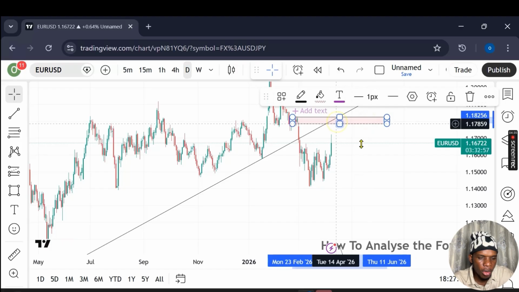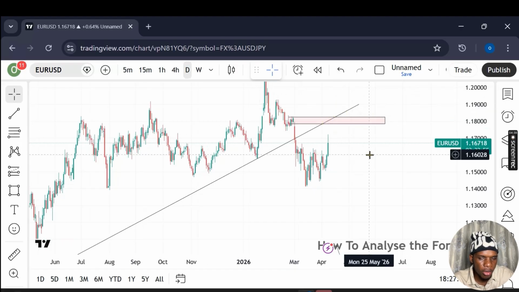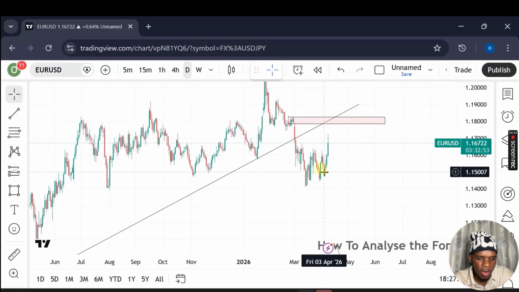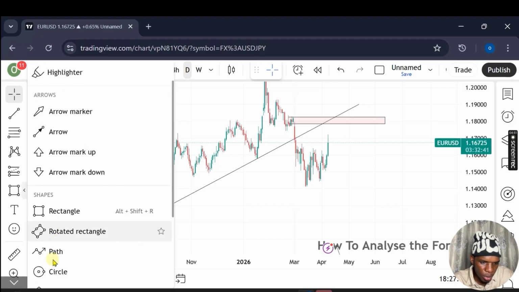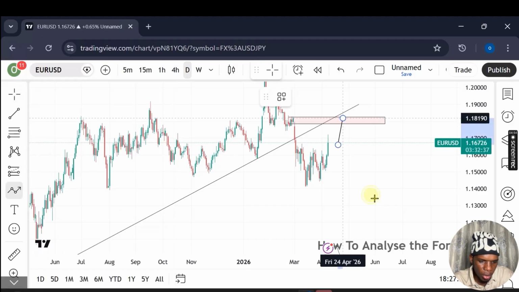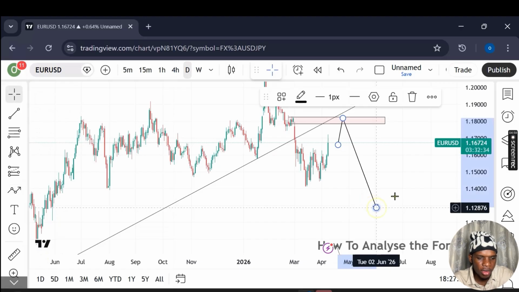So this daily time frame is telling me that the market is going to be retracing back to this particular high before the market will start selling. So market is going to come here and do what? And sell from there. So have that in the back of your mind.